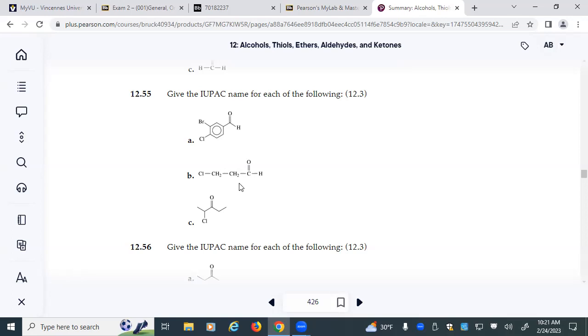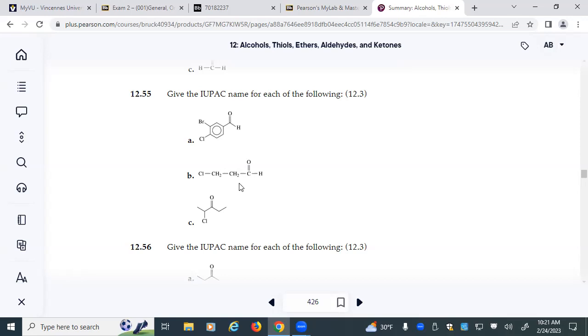One of the reasons we got away from the common naming system is that it becomes more complicated as the molecules get more complicated, whereas with the IUPAC system, it's easier to cover branching and side groups.